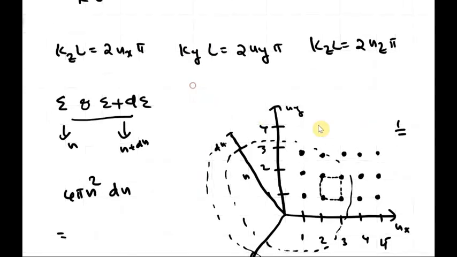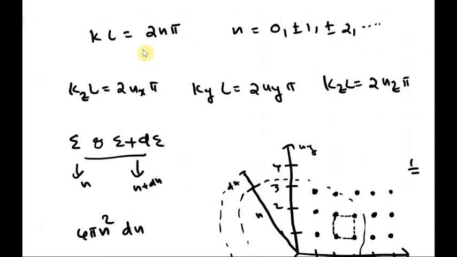Otherwise you can construct a separate space corresponding to the n space: if you draw kx, ky, kz, you can have corresponding k points. Just like this array, we have an array of points in K space, and that also forms a spherical distribution. Similarly you can find it, but instead of doing that, we can directly put in the quantization rule and find the number of states in K space.